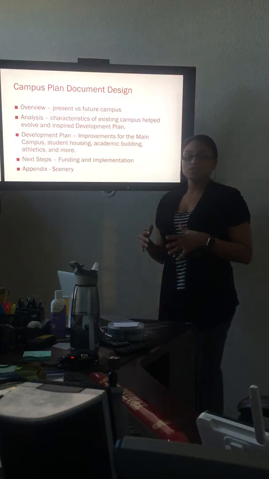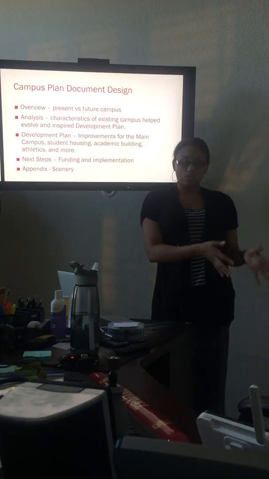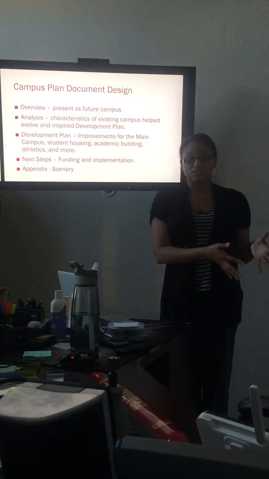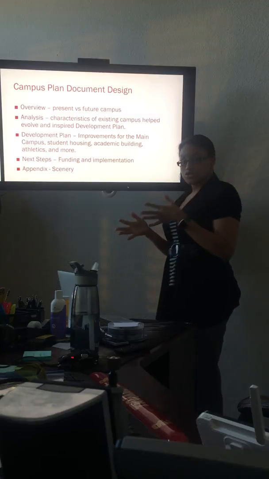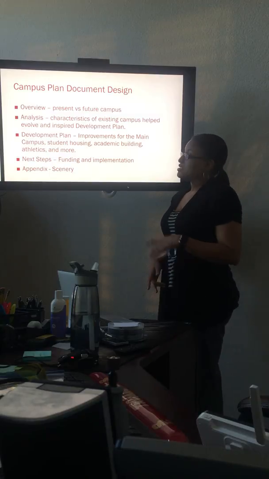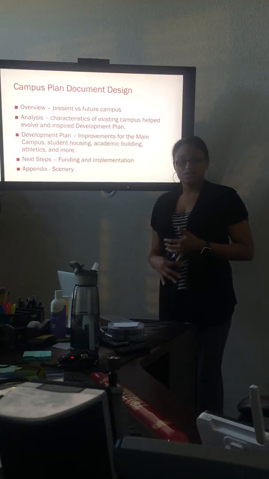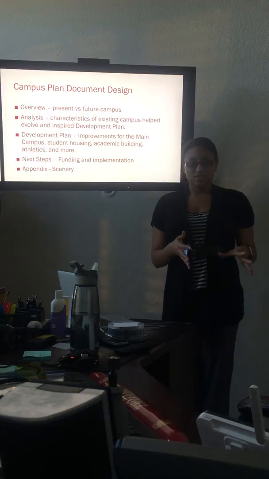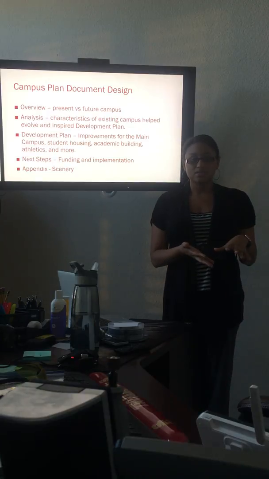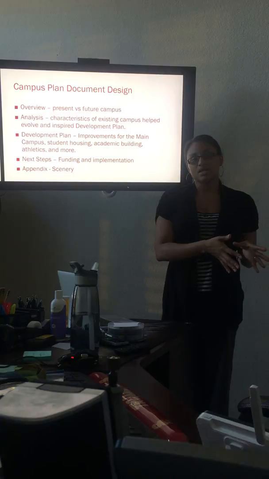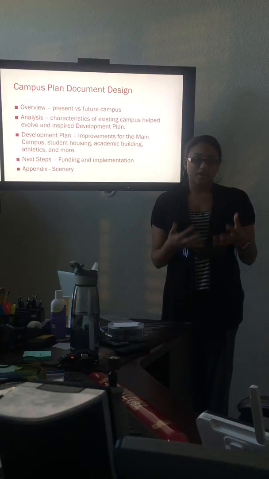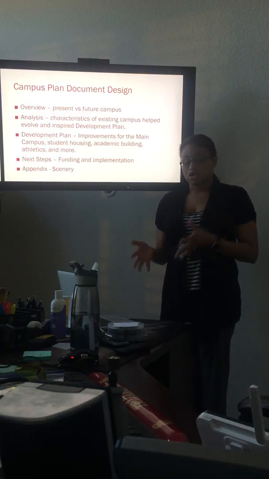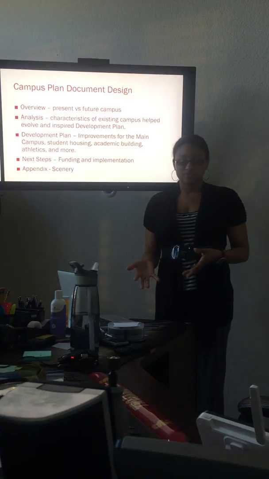In overview, I'm going to talk about what was going on at the campus at the time this document was written, compared to future plans. Then next, I'm going to talk about the analysis. Analysis is basically the characteristics of the current campus at the time, and how it helped inspire or evolve this document called the development plan.